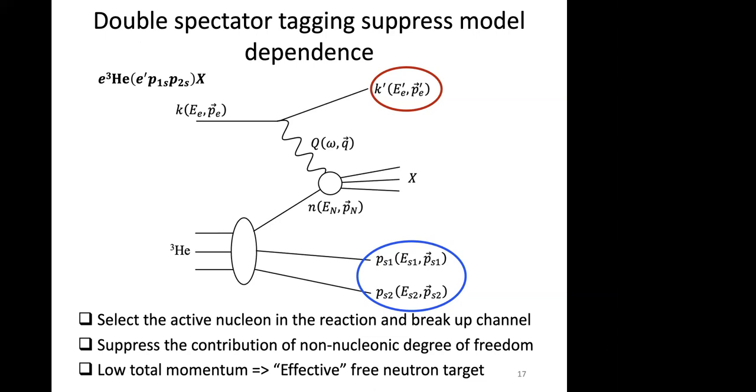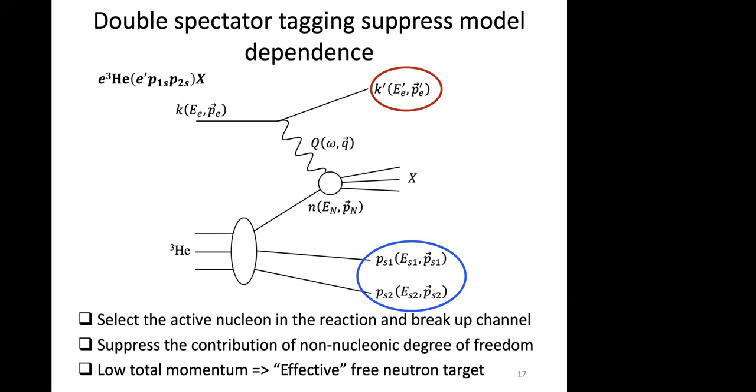The second step is that we will take the total momentum of these two spectator protons and put a constraint on it, in order to constrain the momentum of the neutron in the interaction. That way we will have an effective polarized neutron target and a direct measurement of the A1N asymmetry that could help us remove the nuclear correction.